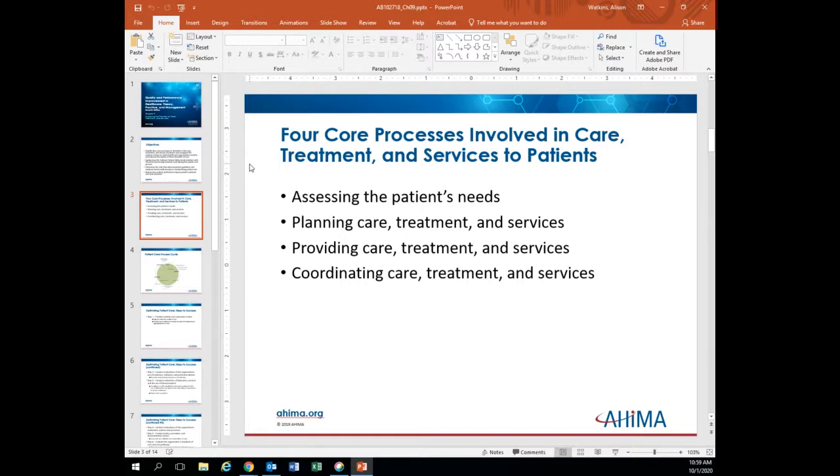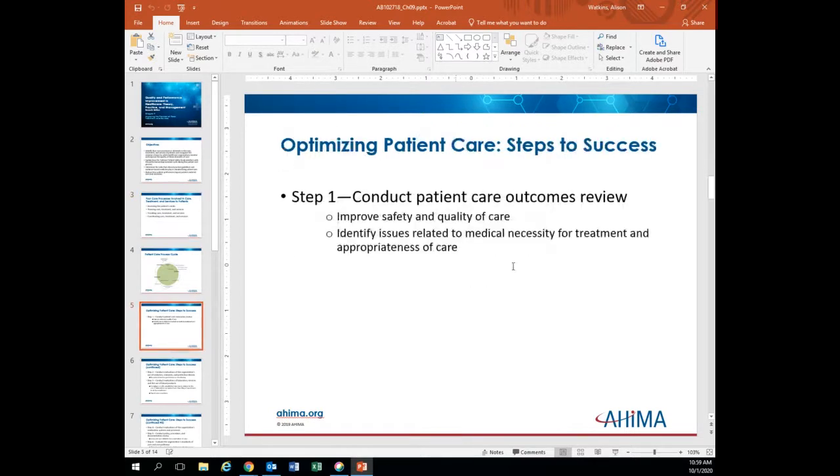So again, we have these pathways already in place that when a patient comes into a facility, this is kind of our checklist of what we should do for that patient once they're diagnosed with a certain illness. Care pathway.